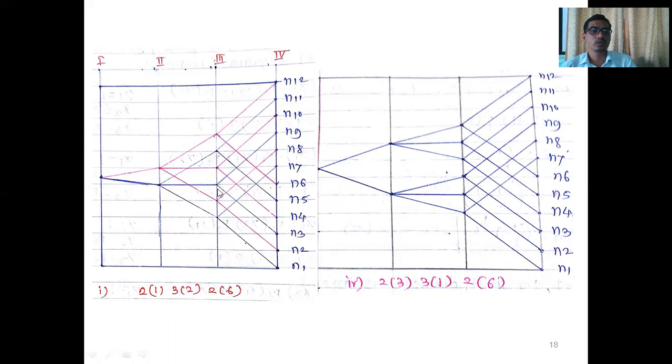Again for these 2, the spacing is 2 and there are 3 lines for this input. For the second input, these are the 3 outputs, first, second and third. So that will be 3 lines from each input, and 2 is the spacing for every input. So this is for the second stage.